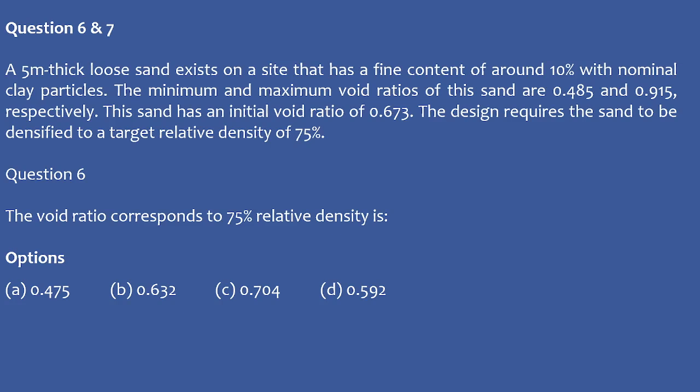So yeah, this is the design problem we have. A 5-meter thick loose sand exists on a site that has a fine content of around 10% with nominal clay particles.